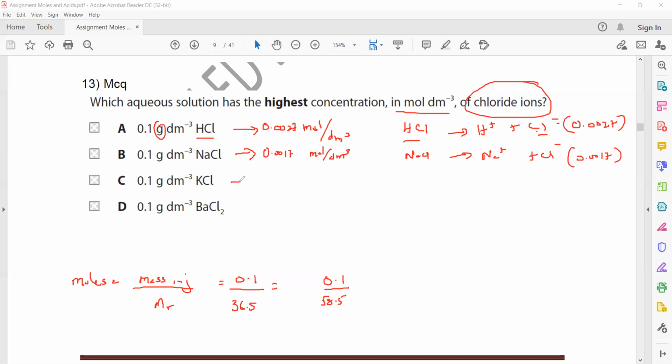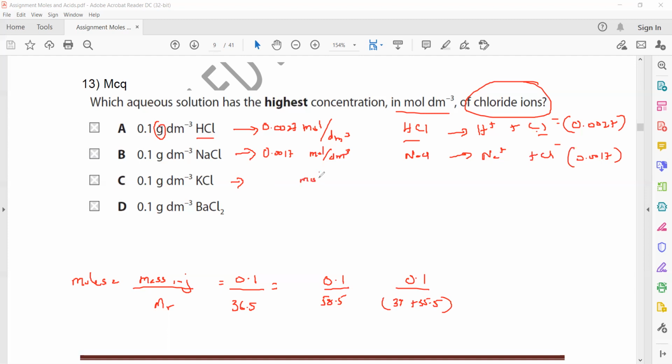Then we check for potassium chloride. Again it will be 0.1 divided by the molar mass, where potassium is 39 and chlorine is 35.5. So 39 plus 35.5 will be in the denominator. So 0.1 divided by the mass of potassium chloride.